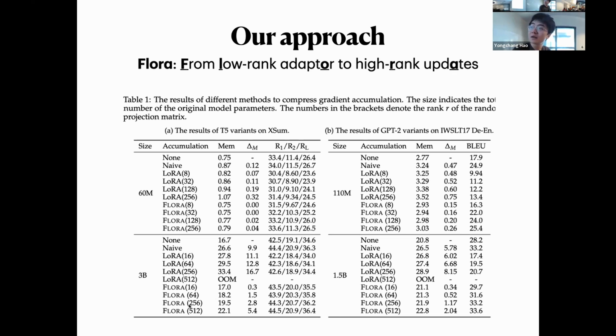And ours, with rank equals 256, gets 44.3. So it's basically the same. And if you increase it even further, then you get a little better than that, although I would say they're quite similar. So with sufficient R, you can replicate the result of the original naive gradient accumulation. And the same holds for GPT models.